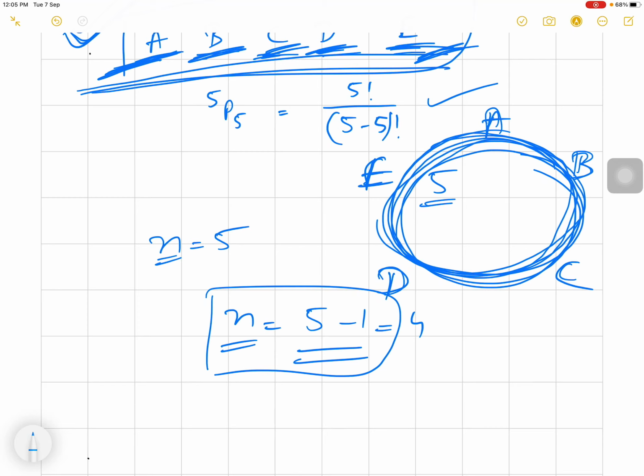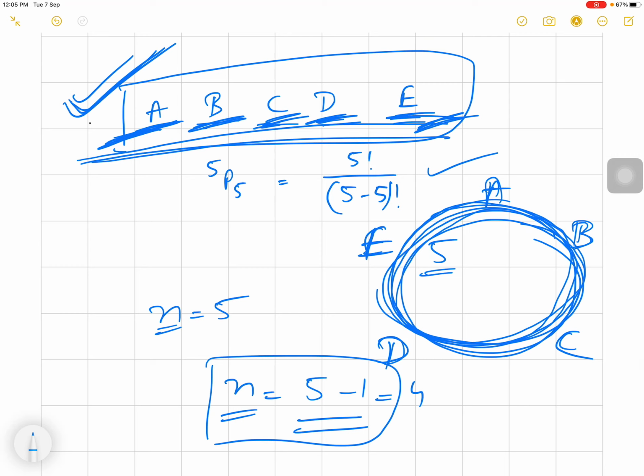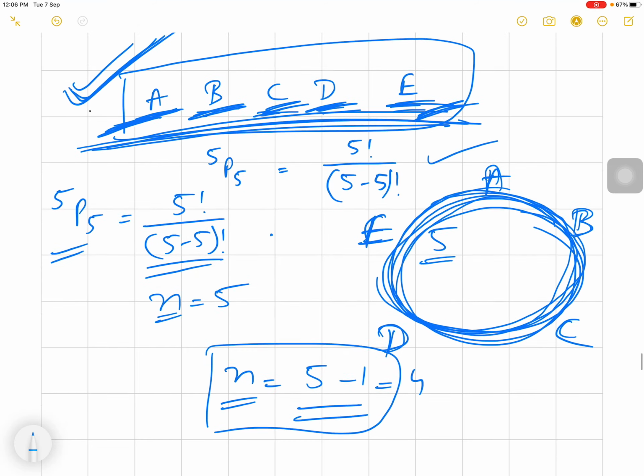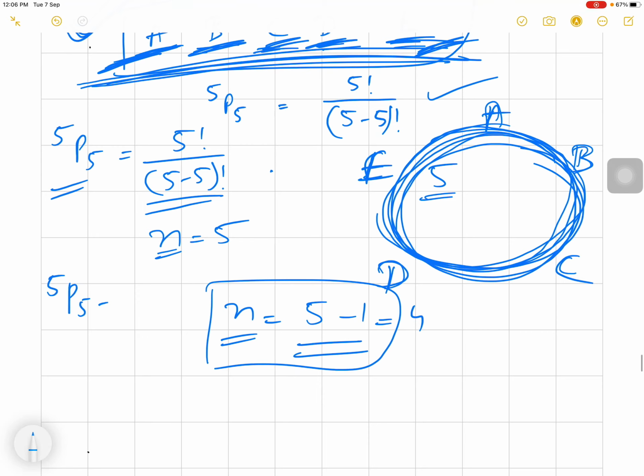So the circular permutation of 5 people sitting in a circle will be 4 factorial. Correct? Now when 5 people are sitting in a row, the permutation is 5P5, which is 5 factorial, because 5 minus 5 factorial is 0 factorial and 0 factorial is nothing but 1. So 5P5 is equal to 5 factorial, correct?